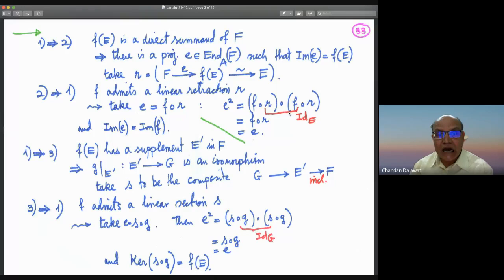But in the middle, r composed with f is the identity map of E. That's what it means for r to be a linear retraction, or a retraction without even being linear. Anyway, so this identity map of E can be cancelled, and what remains is f composed with r, which is e by definition. So e is a projector, and it can be checked that the image of e is equal to the image of f.